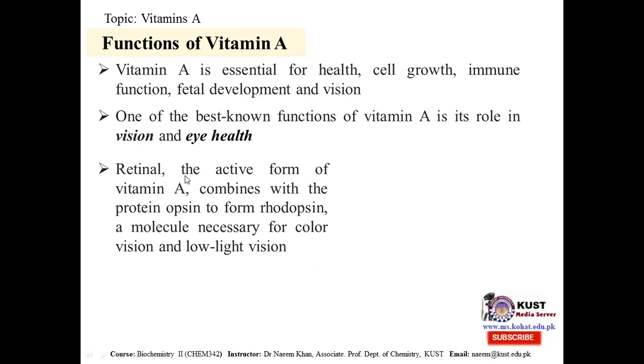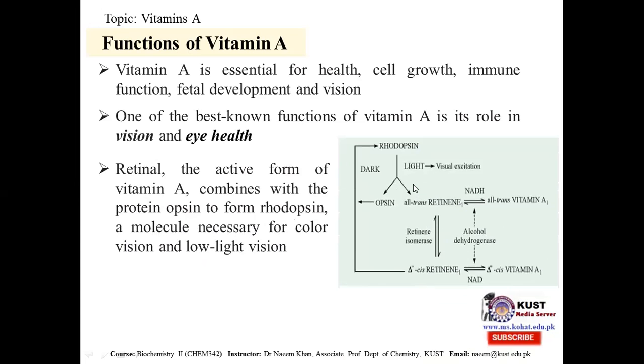Actually, retinol, which is the active form of vitamin A, combines with the protein opsin in the eye, and when this retinol combines with the opsin, it forms rhodopsin. And these are the molecules which are required for color vision and low light vision.